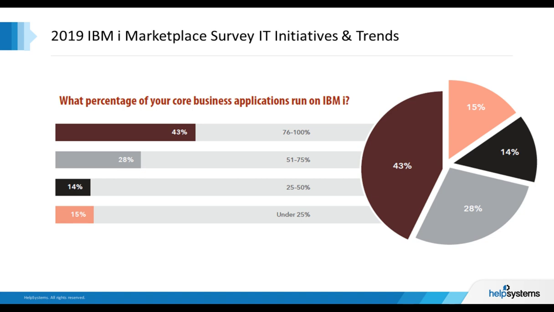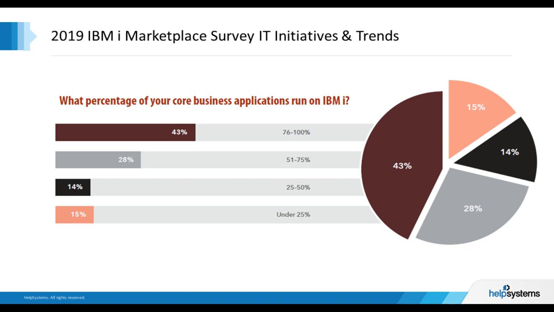So currently about a third of the market is still 100% green screen. For many, the use of IBM I has changed over the years, and it's often viewed as probably the most robust and stable system in the data center. It's used as a database server with many platforms and applications integrating with it.